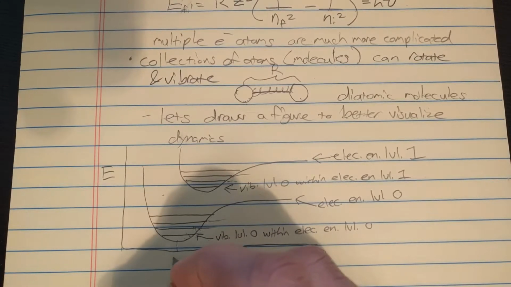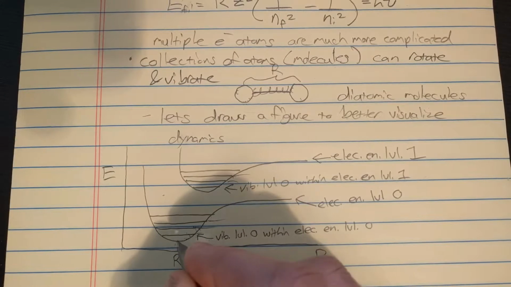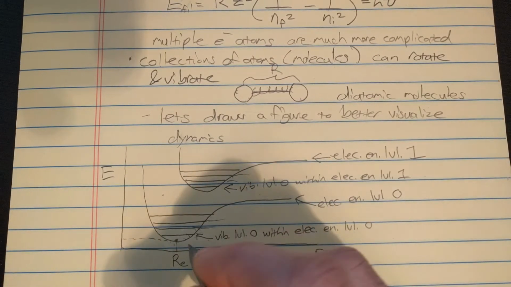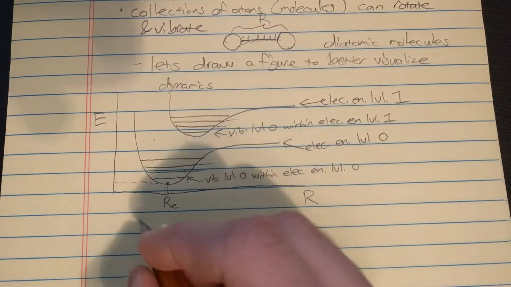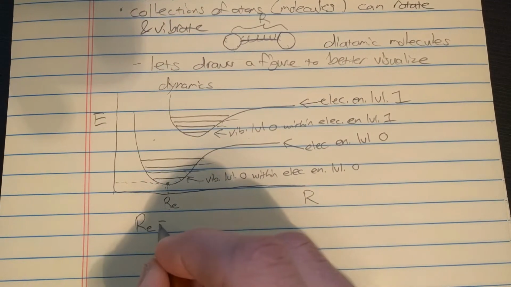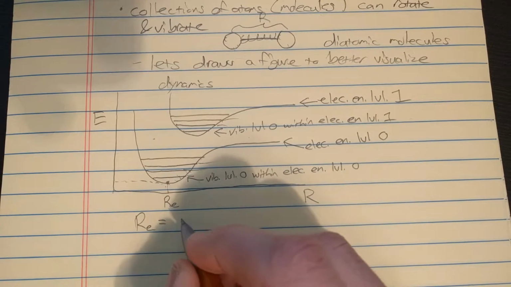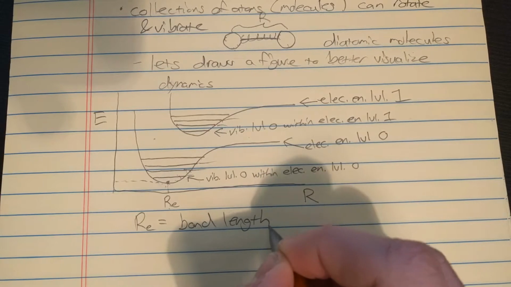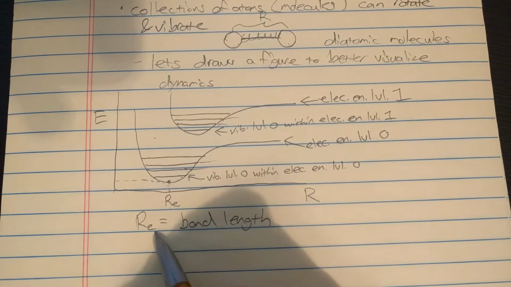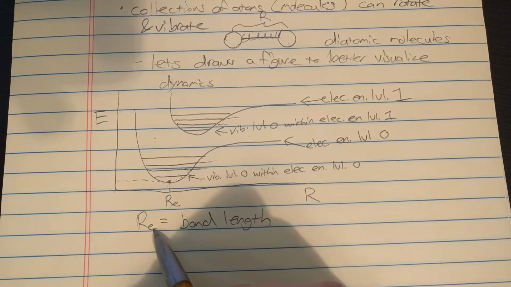This point right here is the smallest point in energy that the molecule can achieve. And the distance at which the atoms are apart at that level, I'll denote R sub E, and R sub E is the bond length, or the E really stands for equilibrium.